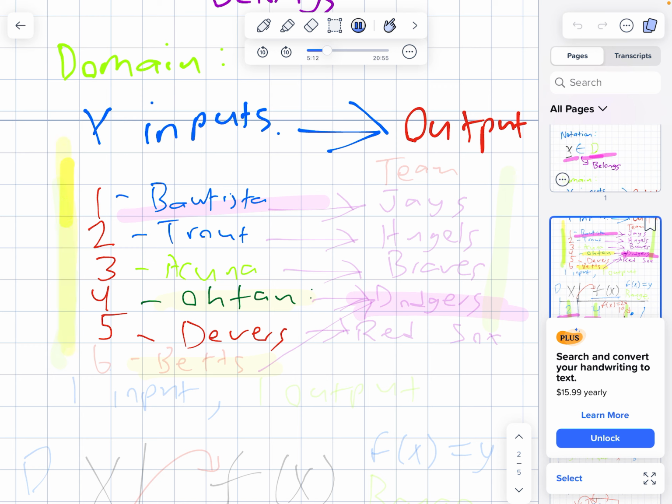So these here are my inputs. Can you think of what we would map as our output? If you thought team, then you were correct. Bautista was a player for the Jays. Trout currently plays for the Angels. Acuna, well, he plays for the Braves. Ohtani plays for the Dodgers. And Devers plays for the Red Sox.